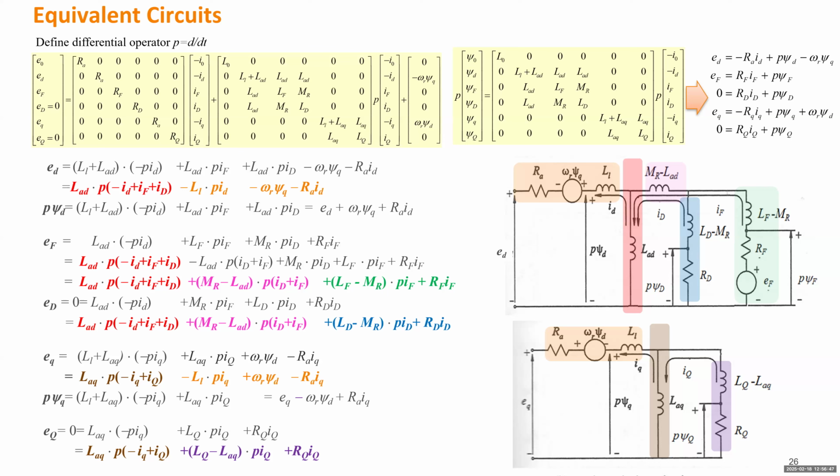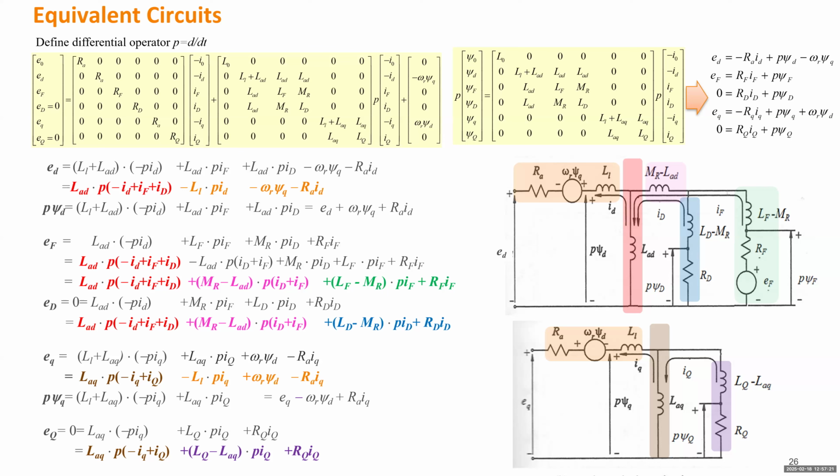We make use of some features from the LAD, LAQ per unit system, because based on the LAD, LAQ per unit system, any mutual inductance involving the stator winding in the DSs will be LAD, and in the QSs will be LAQ. That's why we will see many LAD and also LAQ, so that largely simplifies the equivalent circuits.